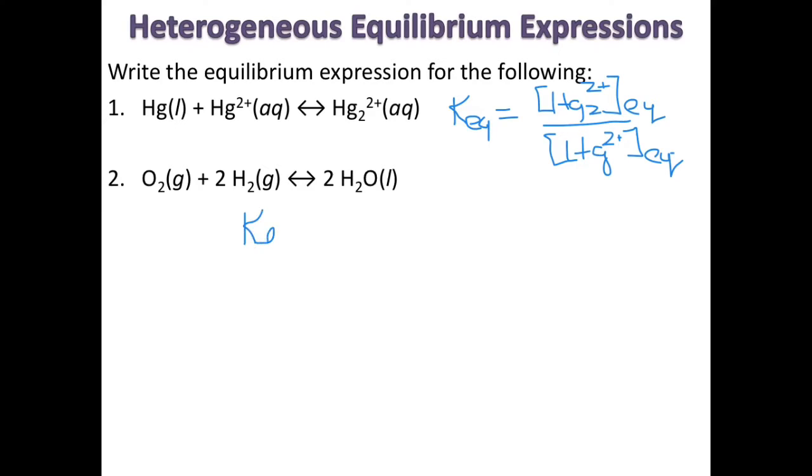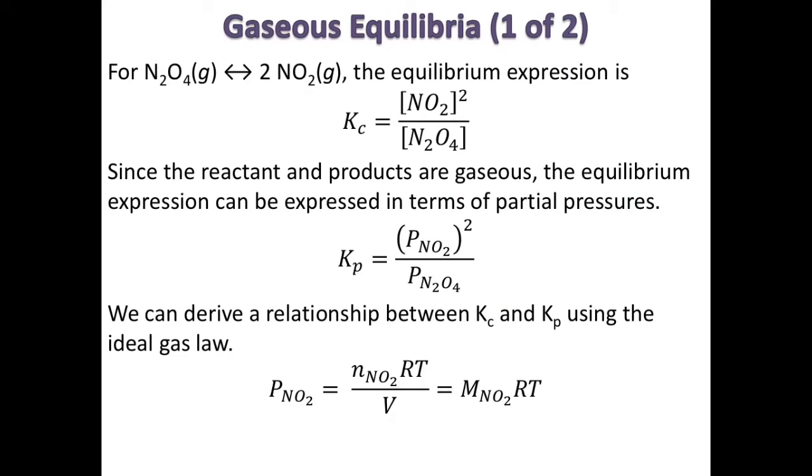So the equilibrium constant is the products over the reactants, but the products here are in the liquid state, so we don't have a concentration for the water, and the reactants, the oxygen at equilibrium and the hydrogen at equilibrium squared, is the equilibrium expression.